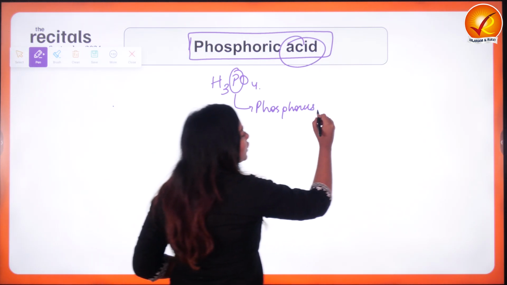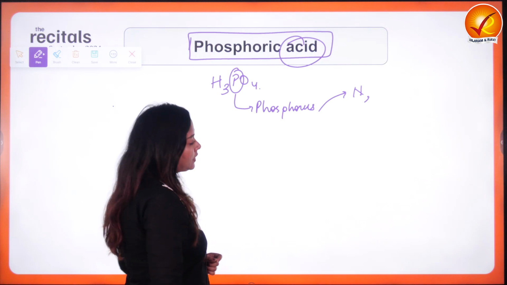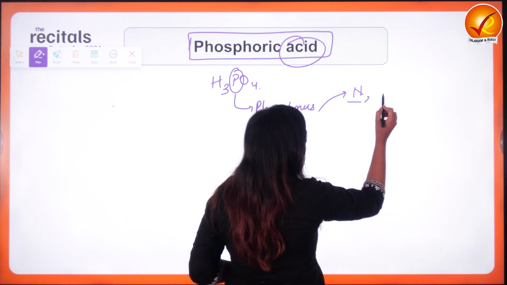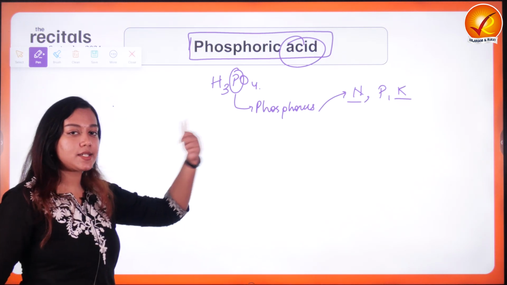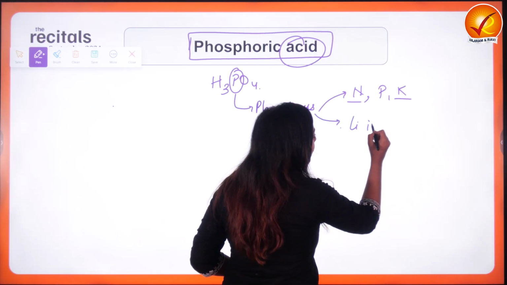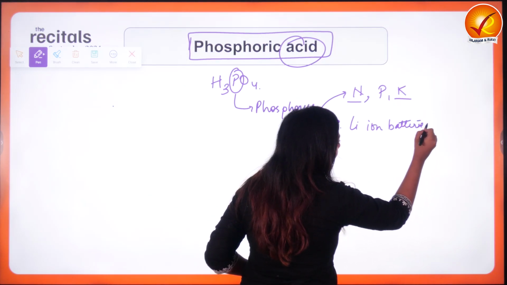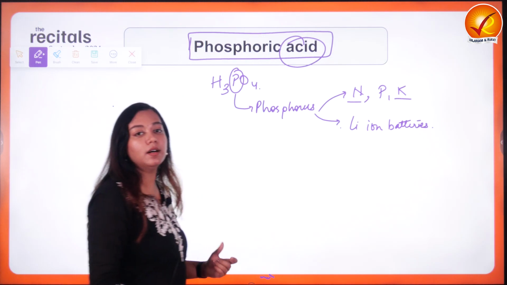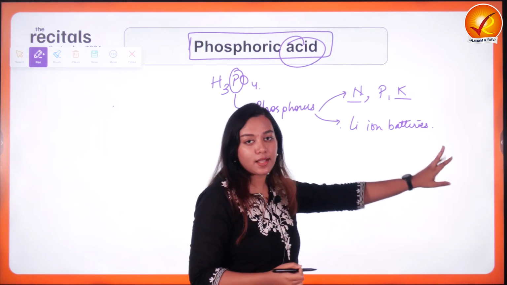First of all, it is one of the main fertilizers. It is one of the main macronutrients used in Indian agriculture along with nitrogen and potassium. Then it is also used in lithium ion batteries as the solvent which keeps these batteries alive.